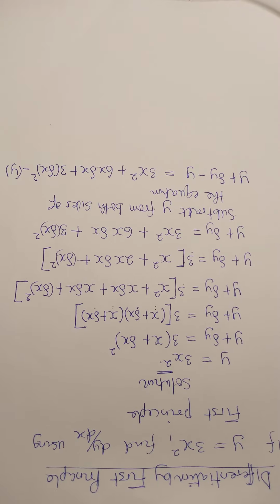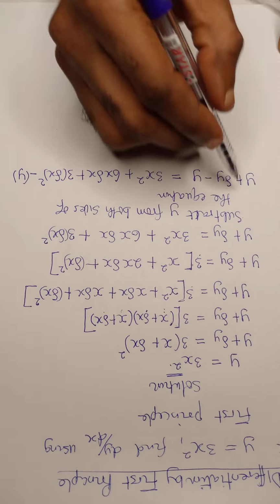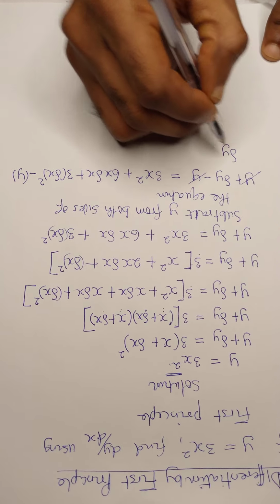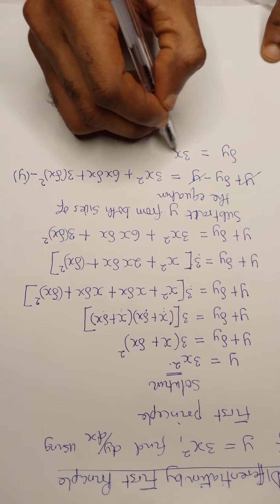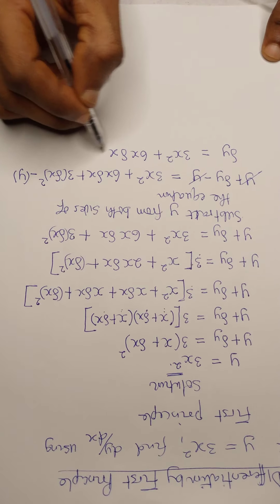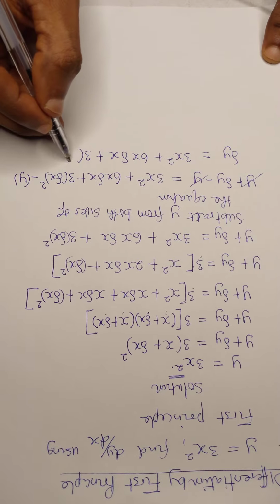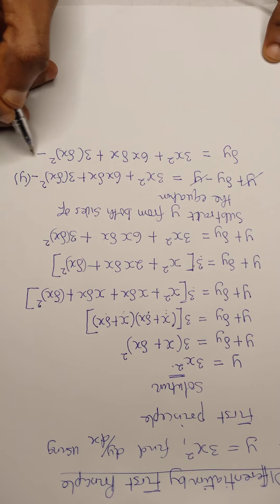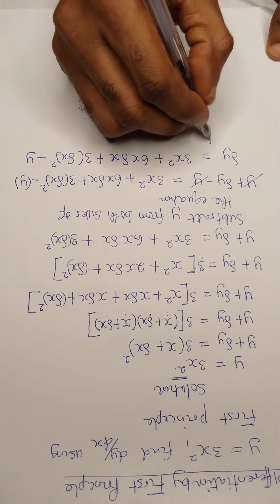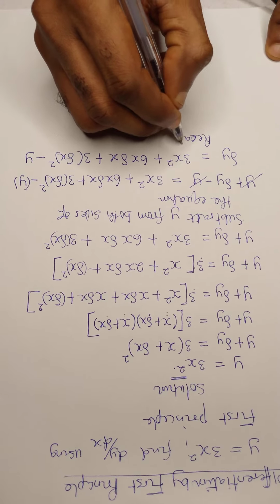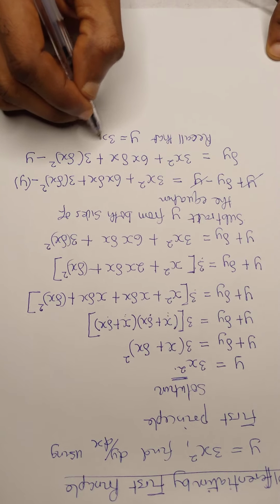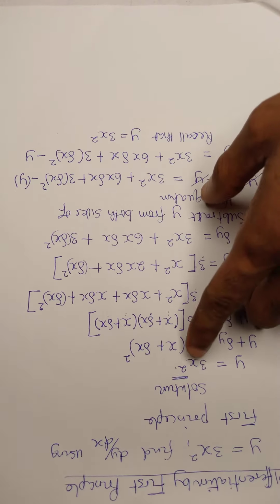Okay, minus y. So if we look at this, y can cancel out this y, and so we are left with change in y equals 3x squared plus 6x change in x plus 3 into change in x all squared minus y. But we have to recall that y equals 3x squared, from our question here.